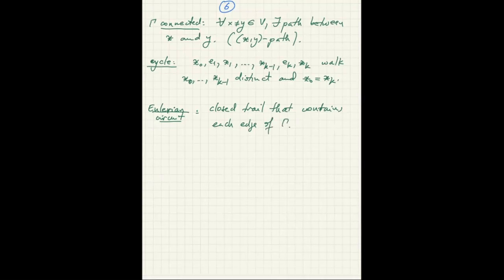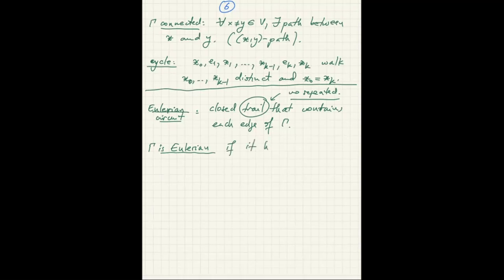Because it's a trail, trail means that you have no repeated edges. So each edge is contained at most once, and so it contains each edge exactly once. Okay. So that's what the Eulerian circuit is. And again, in honor of Euler, the graph gamma is called Eulerian if it has an Eulerian circuit. Okay.